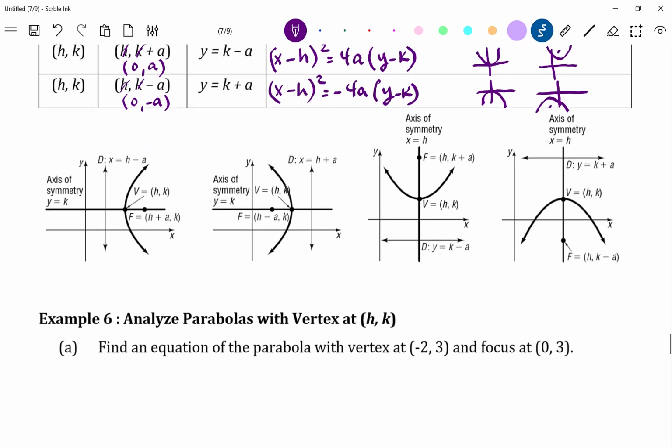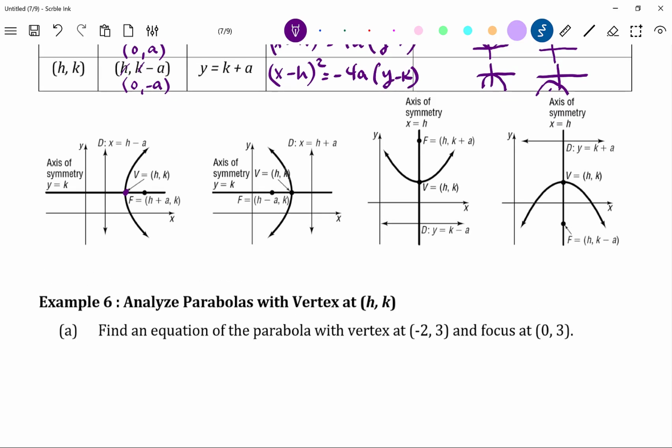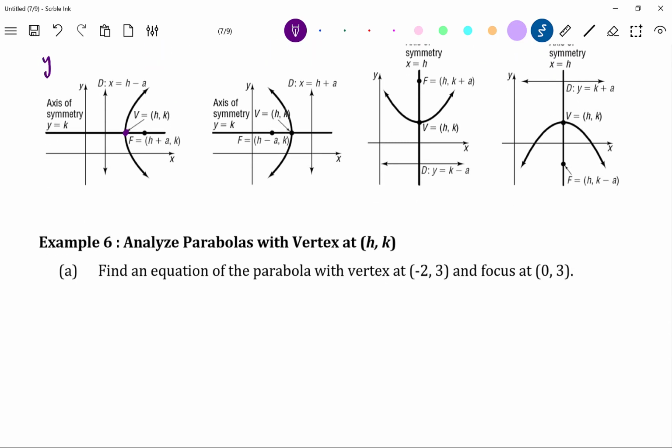So to review, if I have a parabola with a vertex at (h, k) and it's open towards the positive x-axis, that's the kind of y squared equals 4ax, so this parabola is going to be (y minus k) squared is equal to 4a (x minus h).